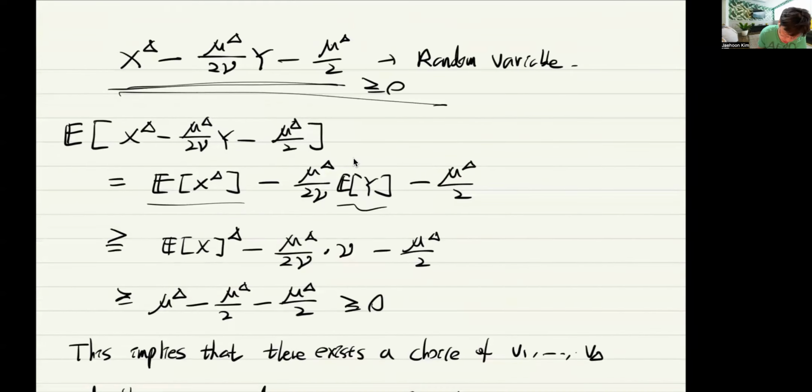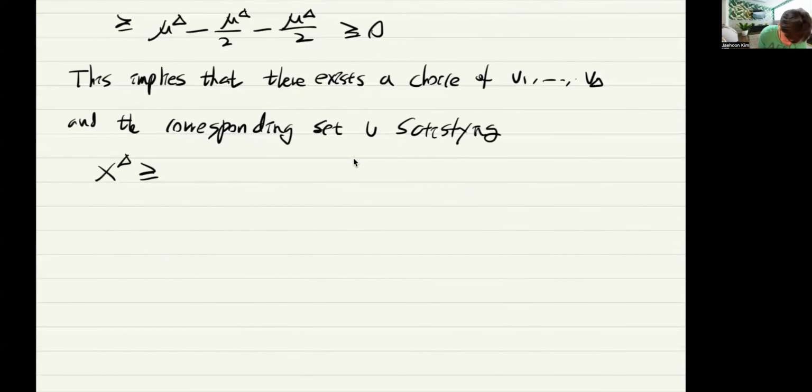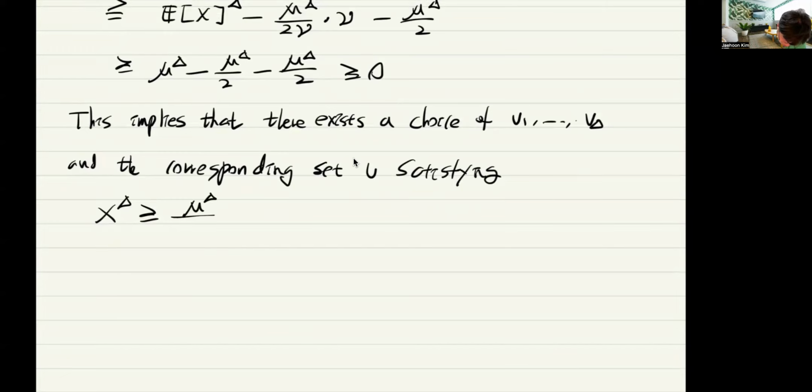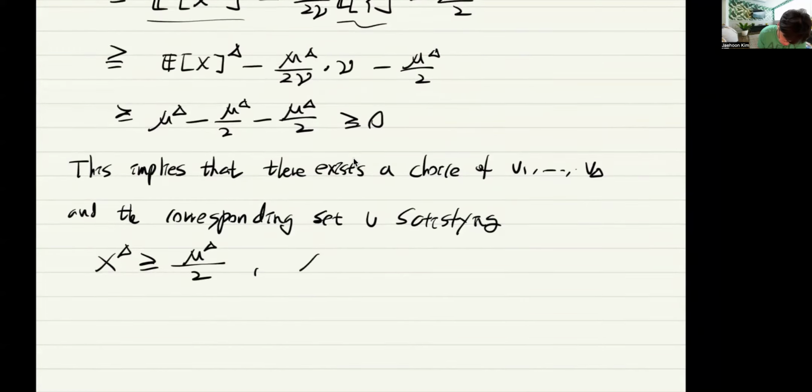This being at least 0 means that this one is bigger than this, and then this one is bigger than this. So we know that x to the delta is at least mu to the delta over 2, as well as x to the delta is bigger than mu to the delta over 2 mu y.